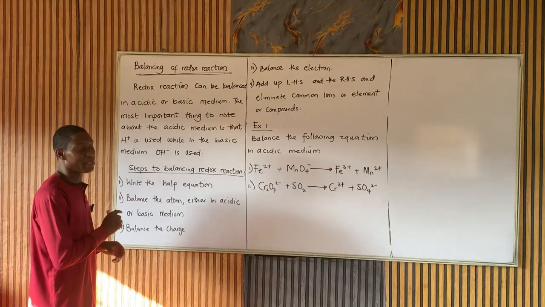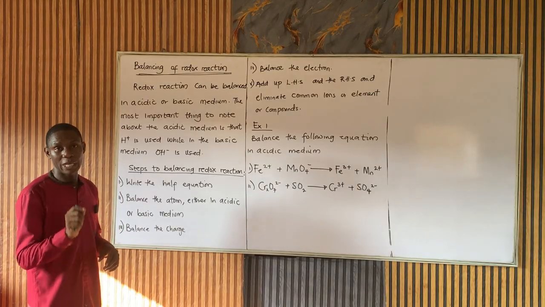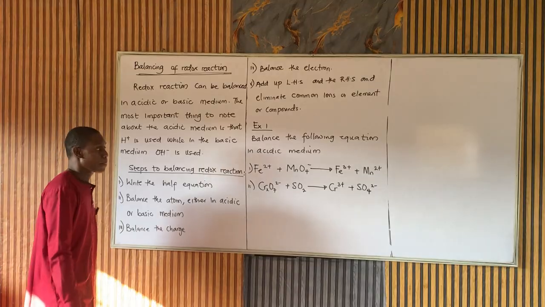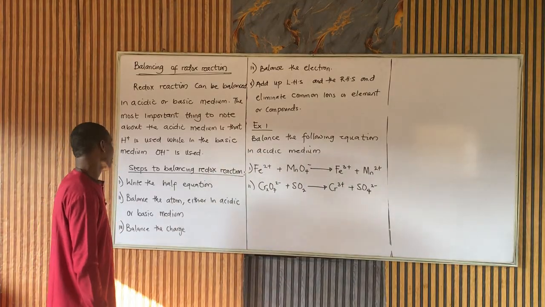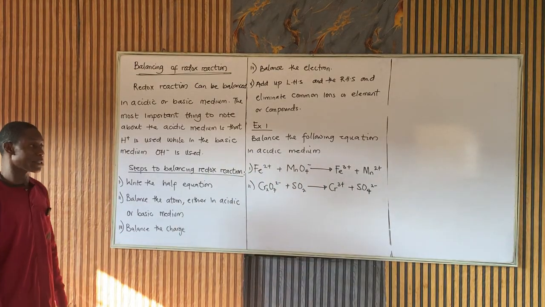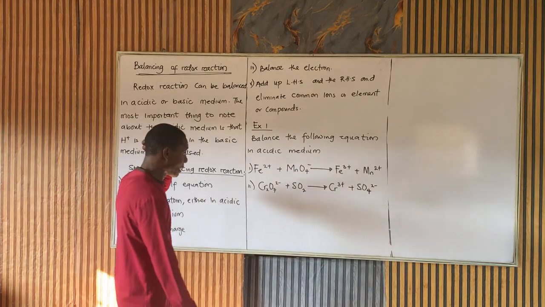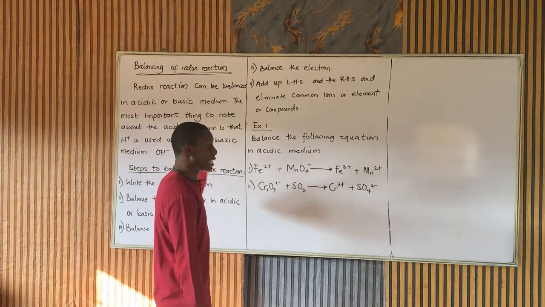And if you are balancing a redox reaction in basic medium, you are using the hydroxide ion. So that's that about that. These are the steps to balancing a redox reaction, and we apply these steps in solving this question. Example 1 says, balance the following equation in acidic medium.